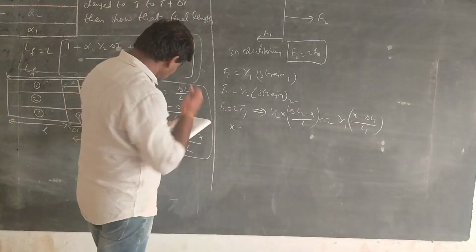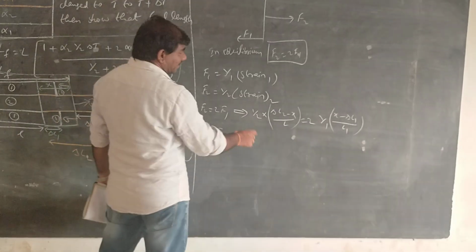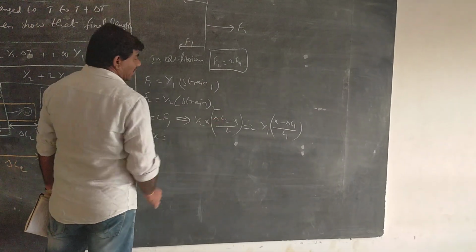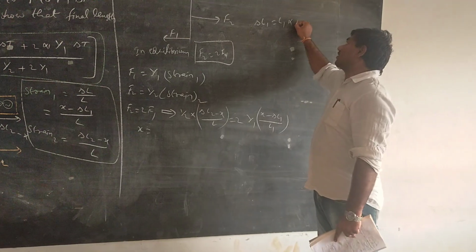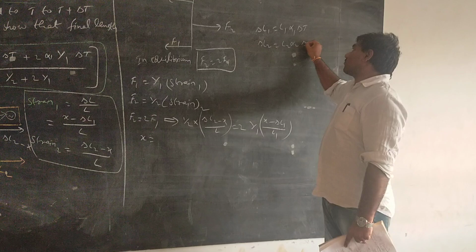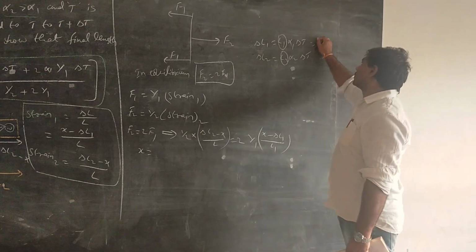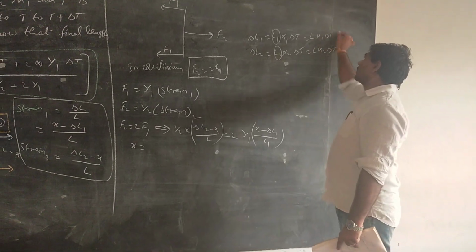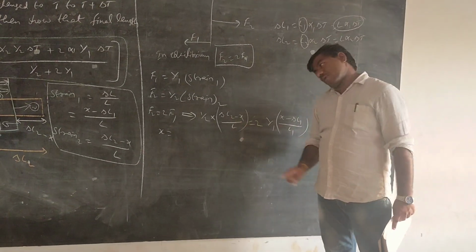So x is coming out to be, I am just writing the formula directly. You just try to analyze it. Cancel whatever things you want to cancel. Delta L1 is nothing but L1 alpha 1 delta T. Delta L2 is nothing but L2 alpha 2 delta T. But here L1 and L2 are both the same, no. So just put this one here, put this one here, and I am solving.